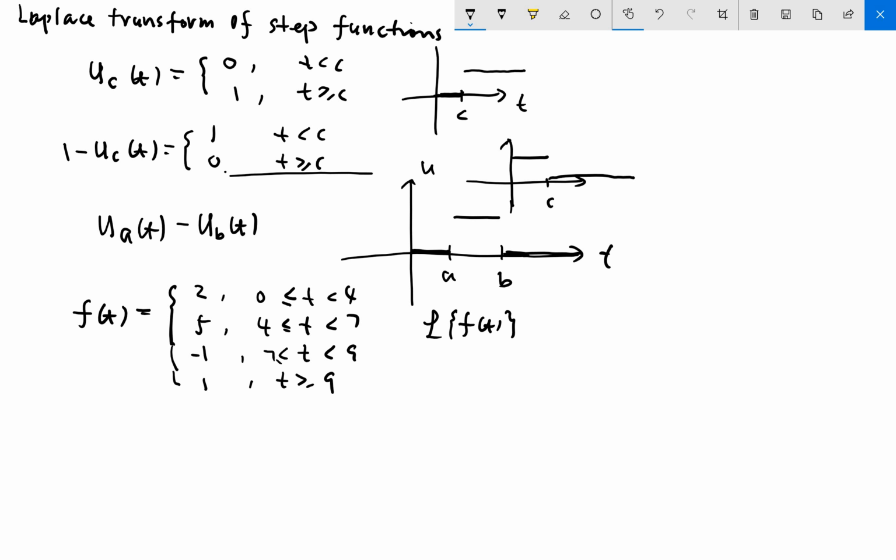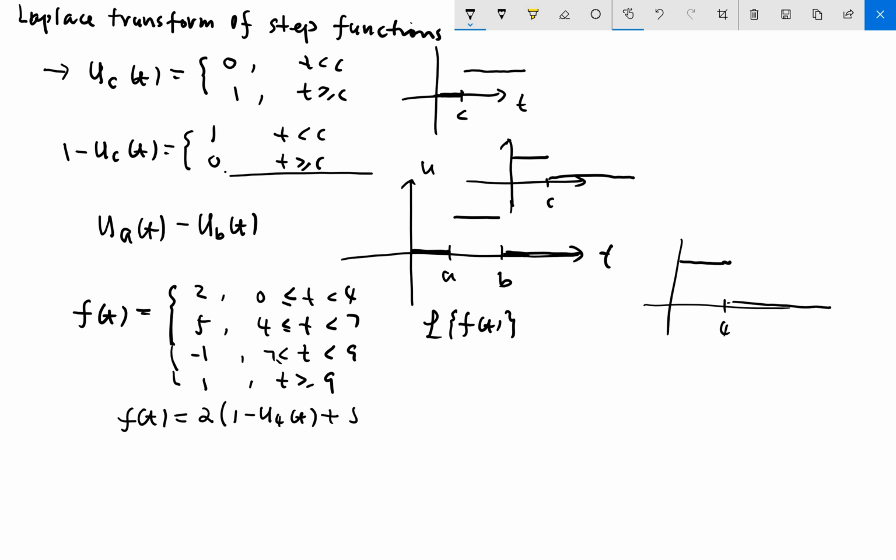We want to write one expression using our step function u_c(t). Since f(t) equals 2 for t bigger than 0 and less than 4, corresponding to 2, you want some function that equals 1 before 4 and equals 0 for the rest, so it doesn't interfere with the other things. Therefore, you can write 2 times (1 minus u_4(t)).